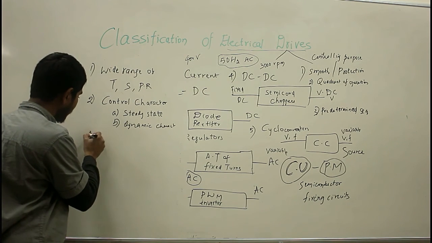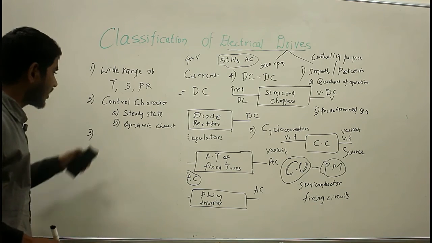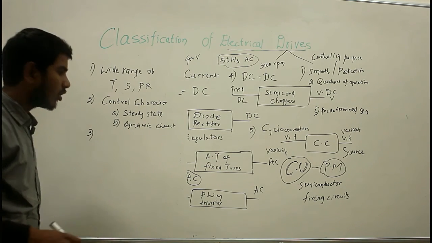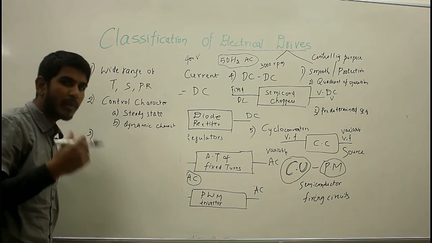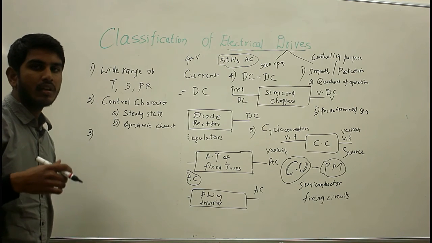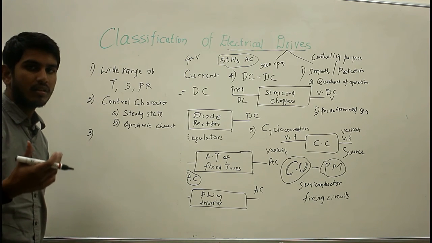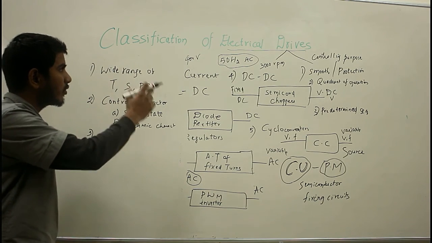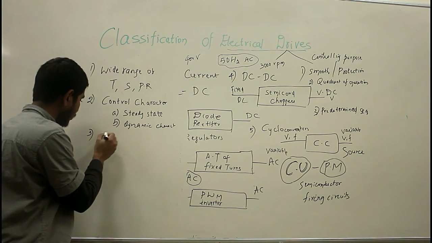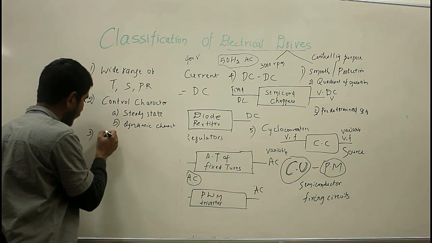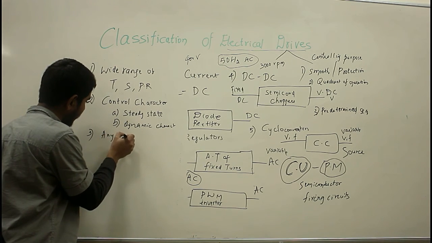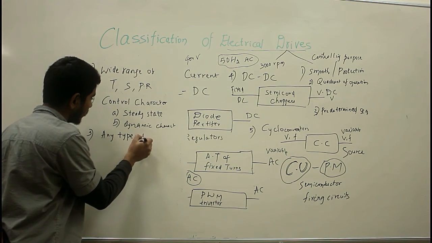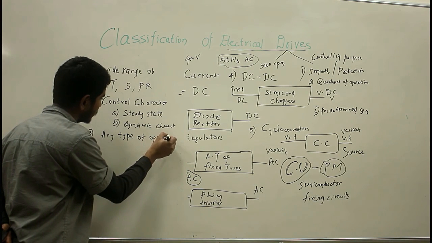The third advantage is they are adaptable to any type of operating conditions, no matter how vigorous or tough the situation is during the operation of the electrical motor employing this drive system. So, adaptable to any type of operation.